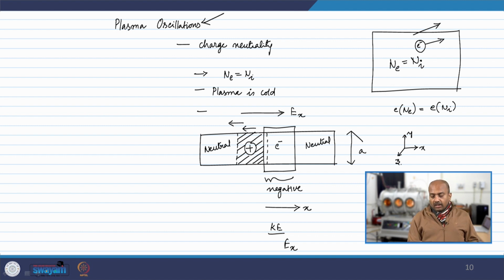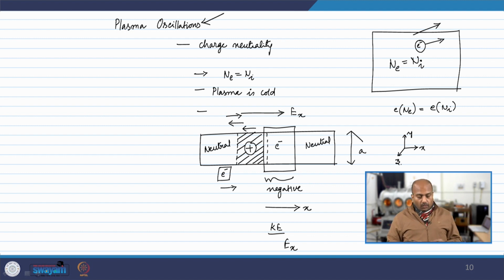Now, immediately when all the electrons are going in this direction, again an electron-abundant region is created here, and the electric field will be exactly opposite. Right. Now, the electrons are again pushed back in this direction.